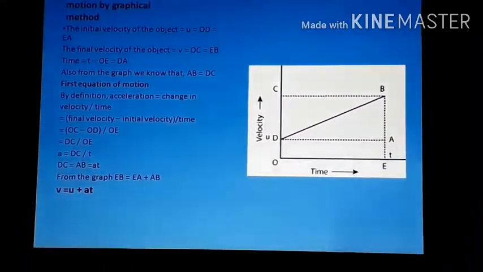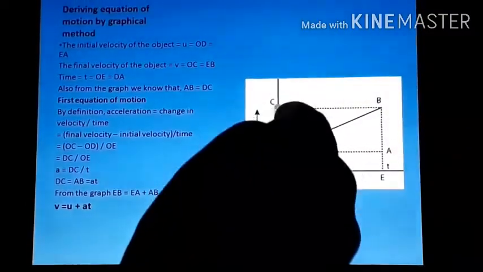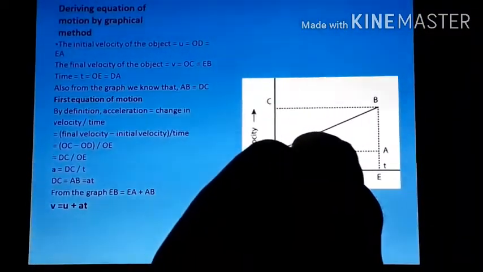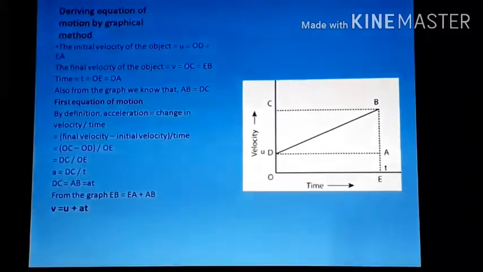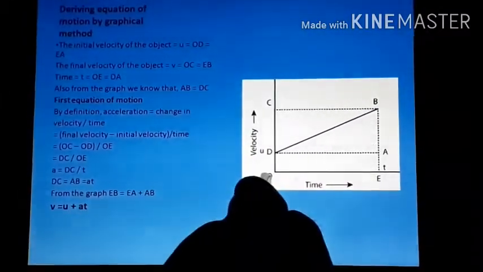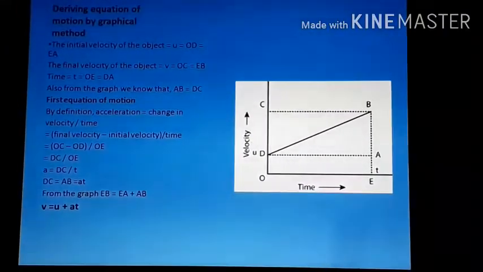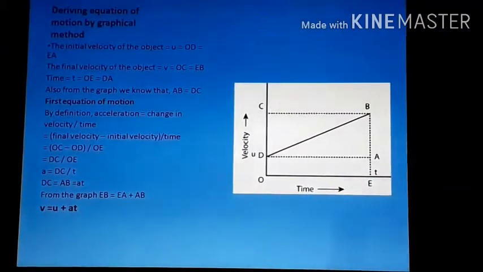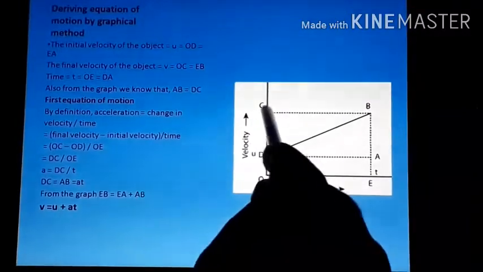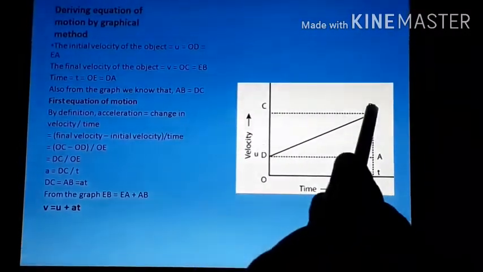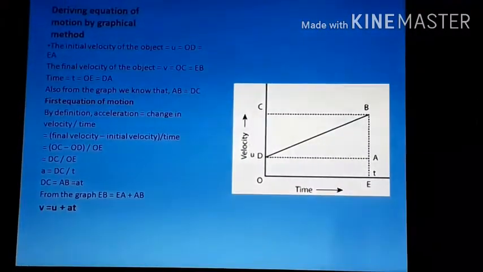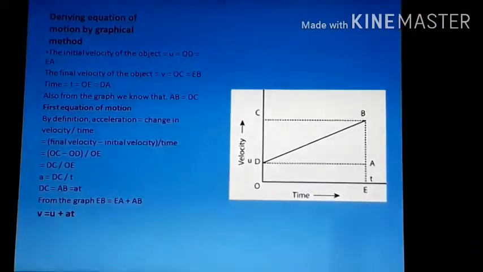So we know that OC minus OD is equal to DC divided by the time taken, OE. So a is equal to DC by t. Now DC is equal to AB, which is equal to a into t.